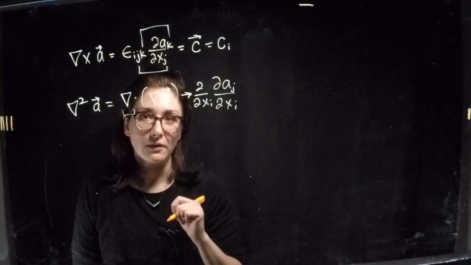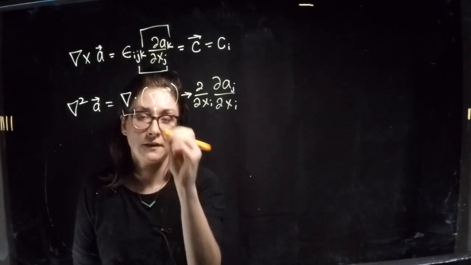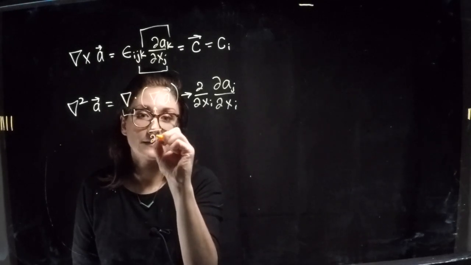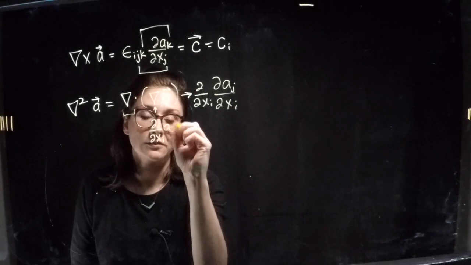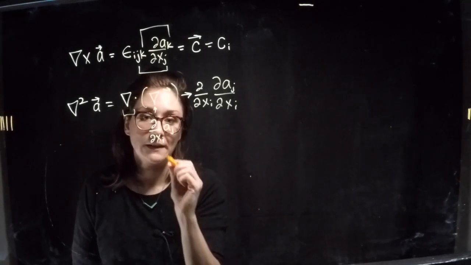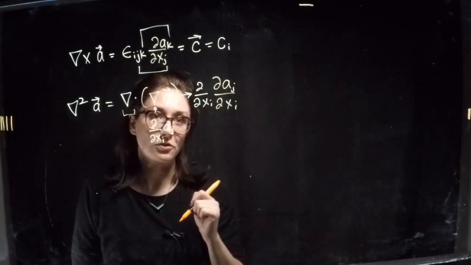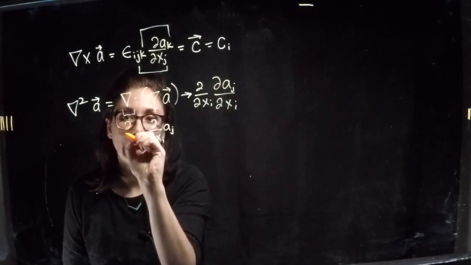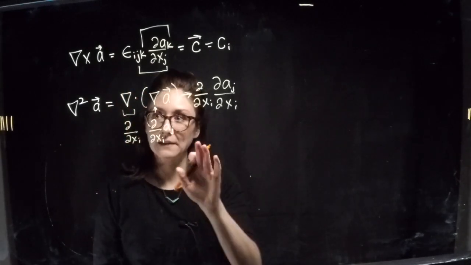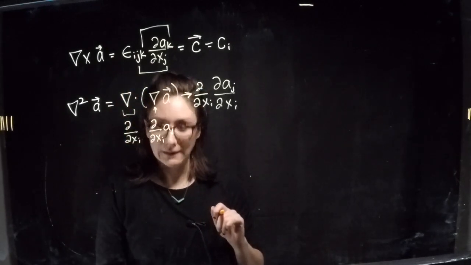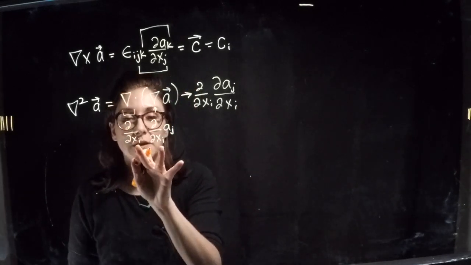The way I want you to think about that is look at how this appears. This one is first. So I'm going to say this is partial xi, and this is a sub j. So this is my first index. It's kind of hard to see that when you write it in the traditional way. And so my operator here is going to be another xi. Okay, and so what we have here is, again, a vector where we're summing over this repeated i index.